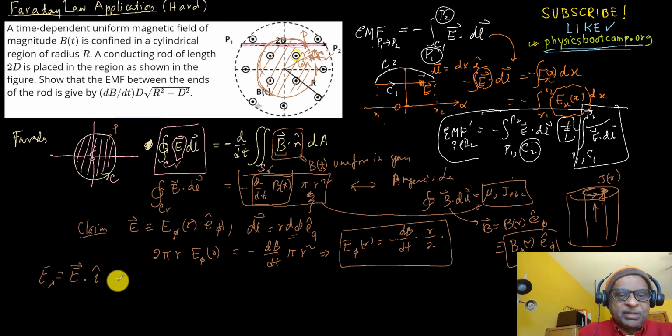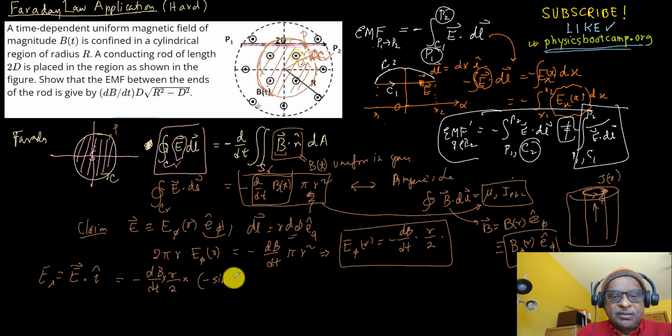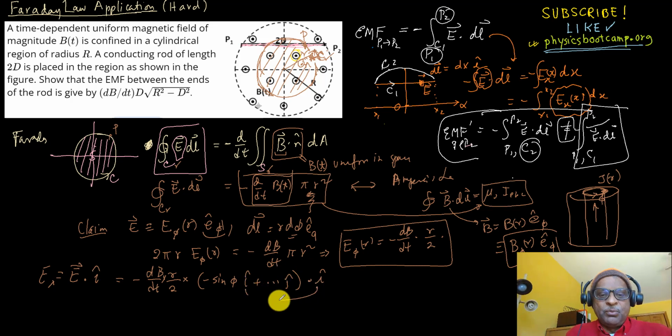So Ex will be minus dB/dt r over 2, and E hat phi is minus sine phi i hat plus something j hat, dot i hat. I don't need to know that, because i hat with i hat will be the only thing surviving.